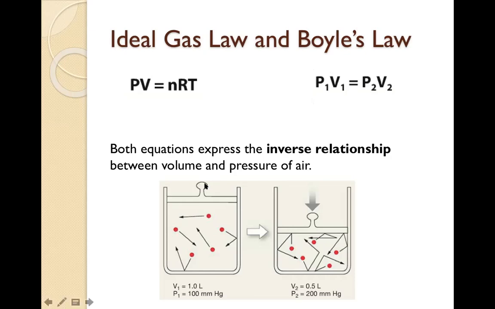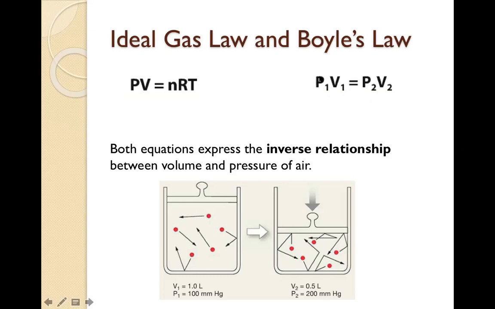If we look at the equations from a physics perspective, we'll see that what both of these laws tell us is that pressure and volume have an inverse relationship. If you solve for volume 1 in Boyle's law, or you solve for pressure 1, volume 1 goes on the denominator.